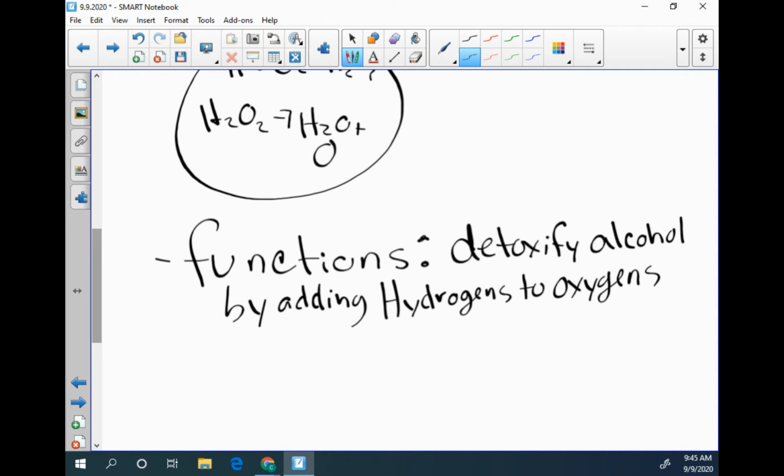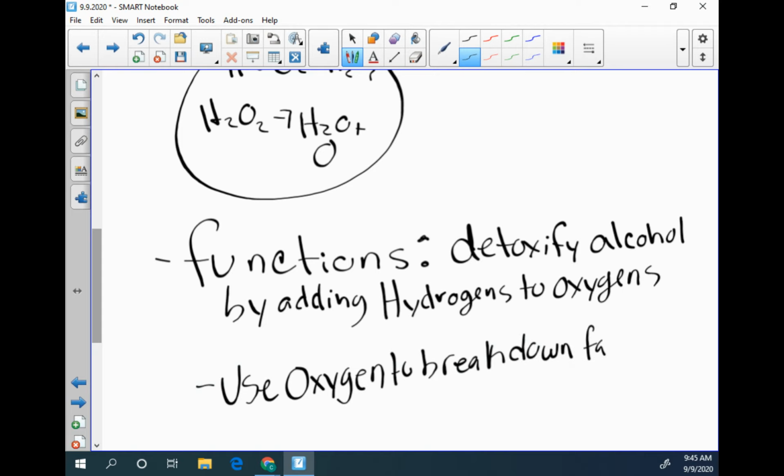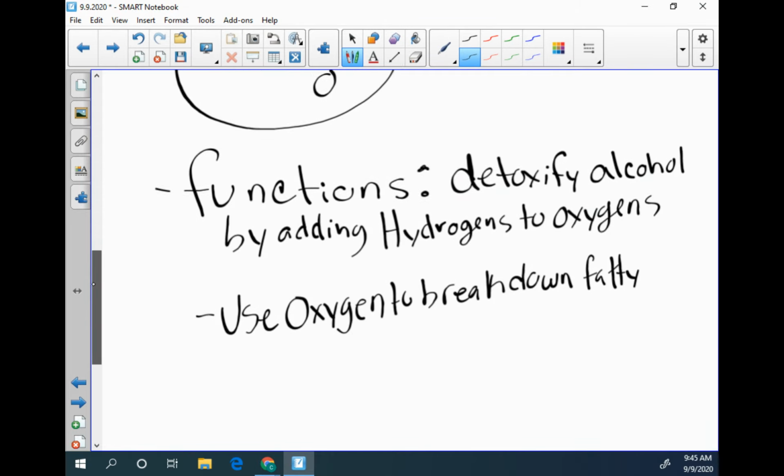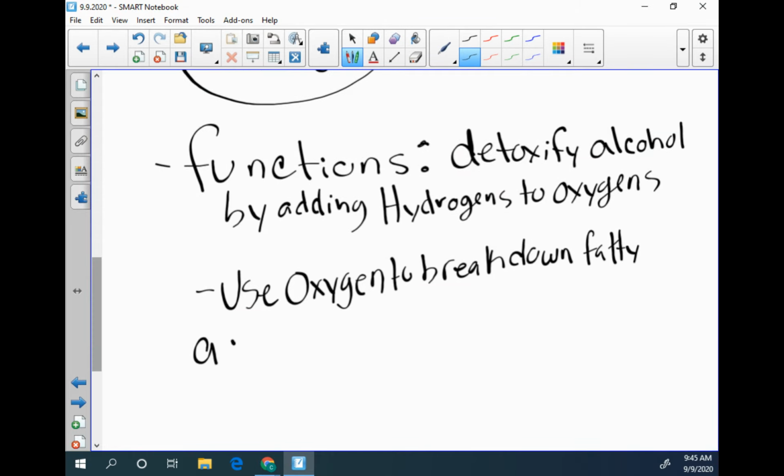And they also, this is their main function, use oxygen to break down fatty acids that will go to the mitochondria and be used for fuel.